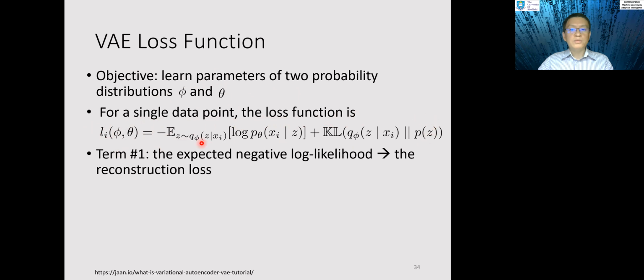The first term is the expected negative log likelihood. So it is basically trying to minimize the reconstruction loss, because likelihood is related to the reconstruction.